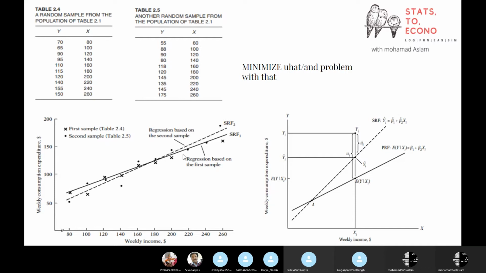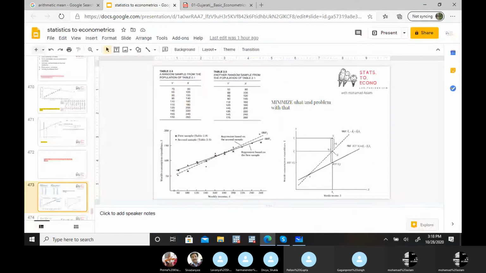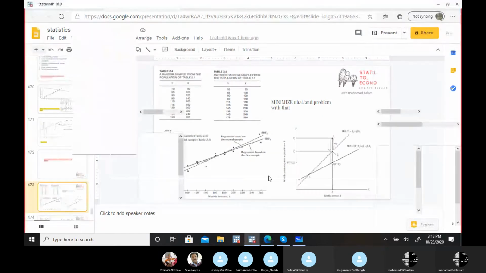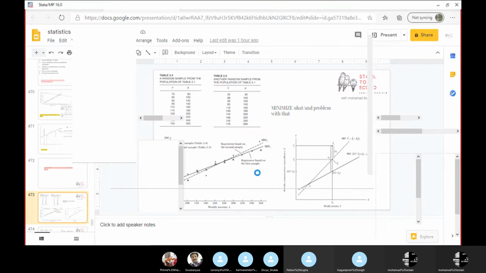So let's suppose we have this statistic, this parameter, whichever sample has a minimum value, that we can accept. Let me give you this example with the data in the software, what actually we are talking about. Because to understand this, you have to see the error terms and their summation.